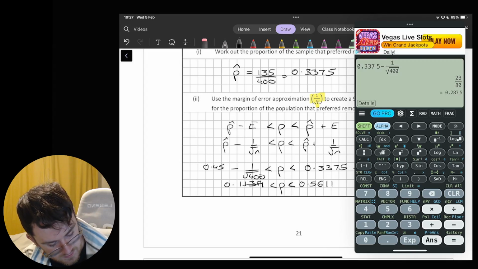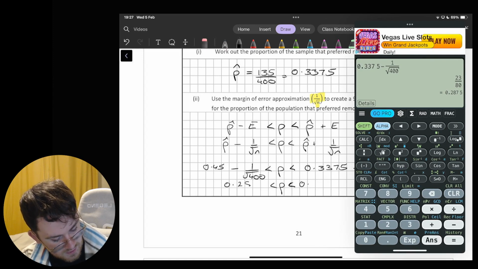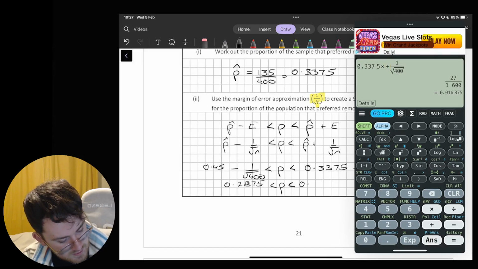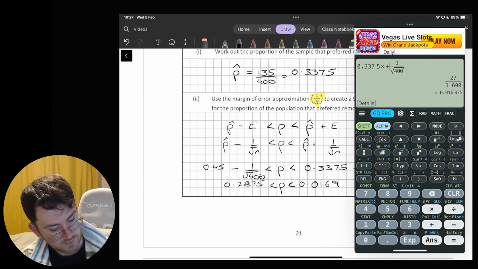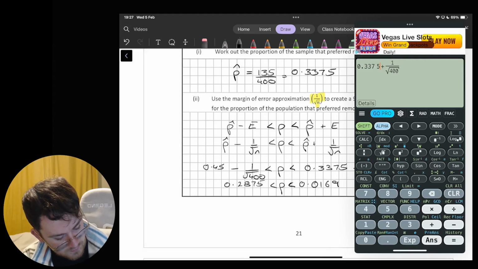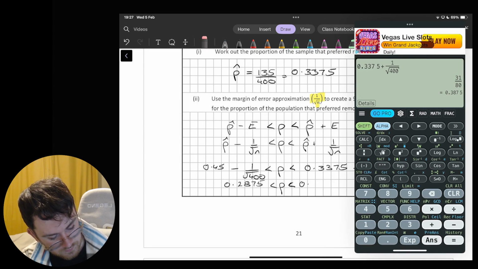Okay, let's try that again. 0.3875 and 0.2875. Oh my god, I hit multiply again. This does not want to cooperate with me today. Okay, there we go. Much better.